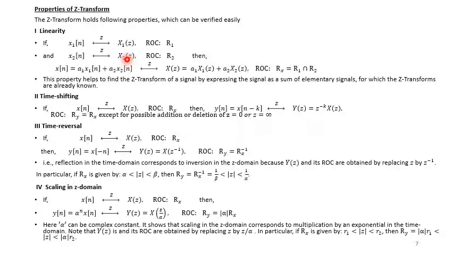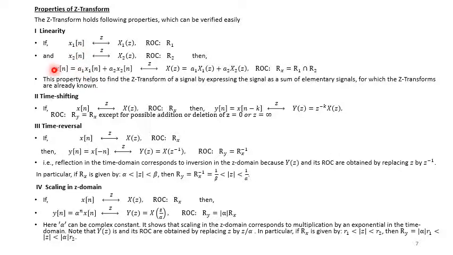Similarly, scaling is that if x1 of n produces x1 of z, and I scale it by a factor, for example a, then the transform should also be scaled by the same factor. So we can combine the two properties, scaling and superposition.